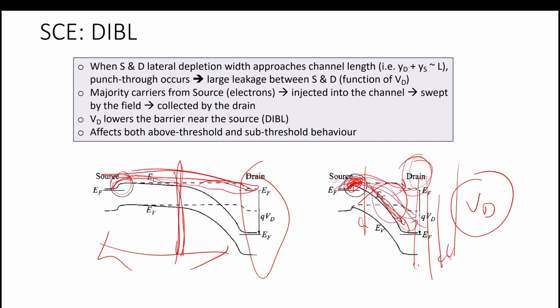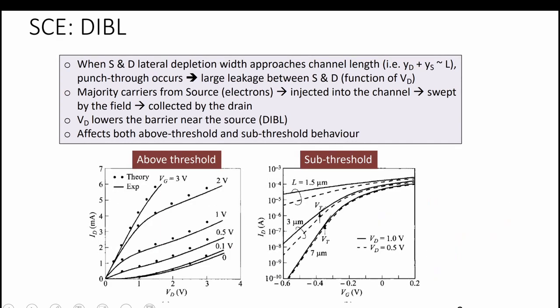The more the drain voltage, the more the current, so it is not saturating in this region above threshold voltage. The graph should be like this, but it is not saturating in this region.